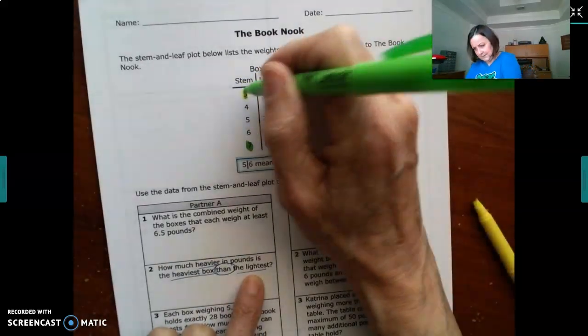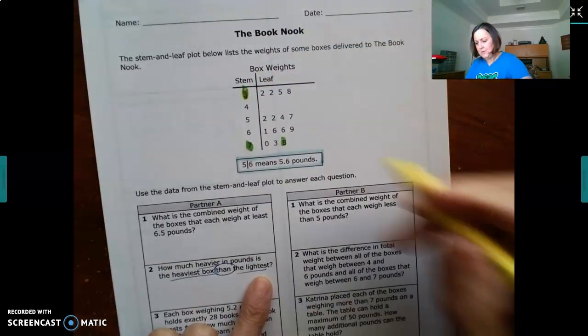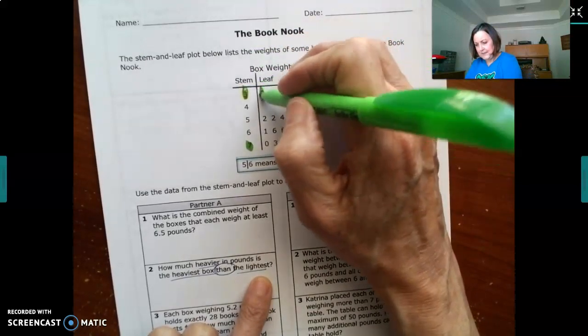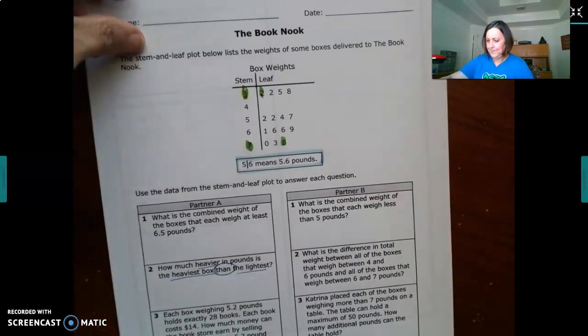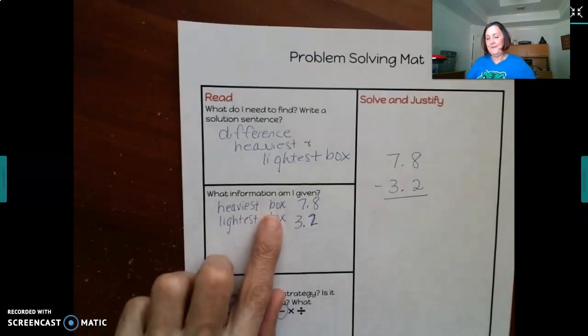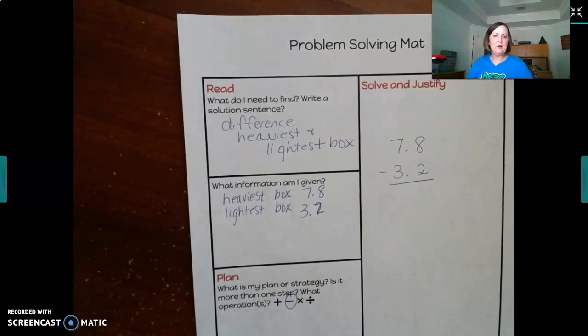Oopsie, that's supposed to be green. And I'm going to highlight, no, that's supposed to be yellow. And this is supposed to be green. And this is supposed to be green. There we go. So our heaviest box is 7 8/10, and our lightest box was 3 2/10.